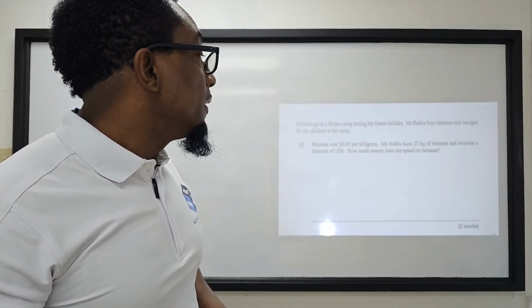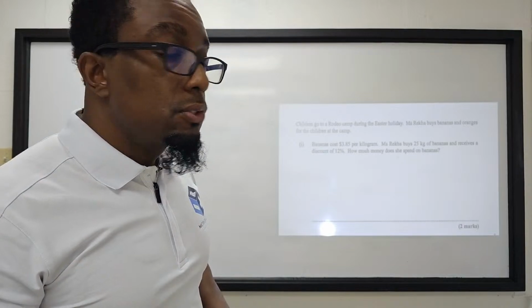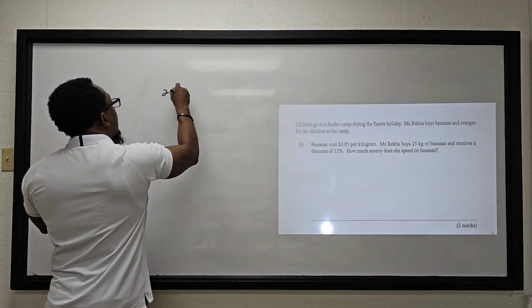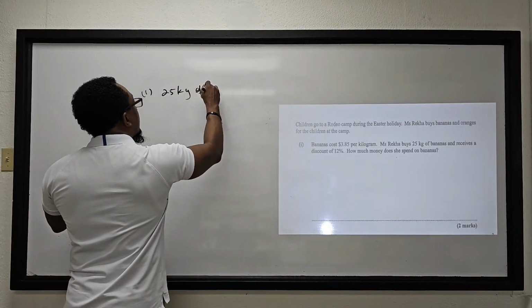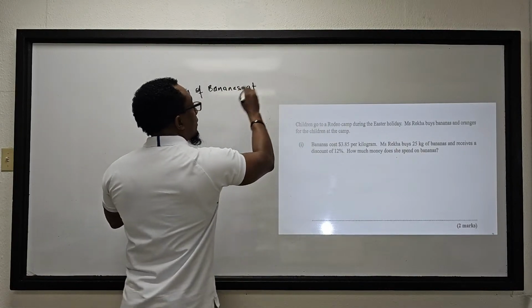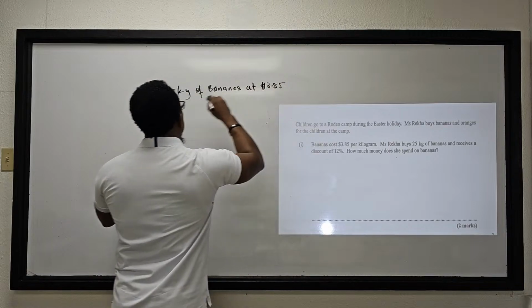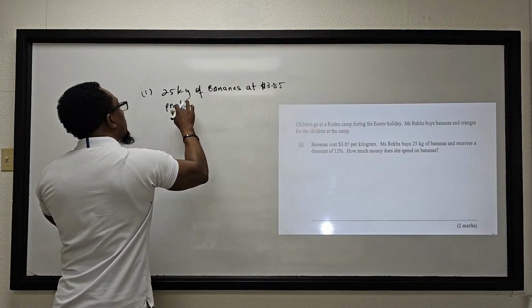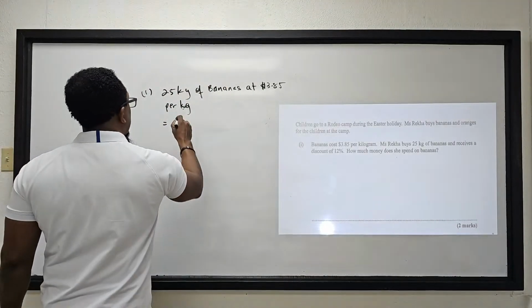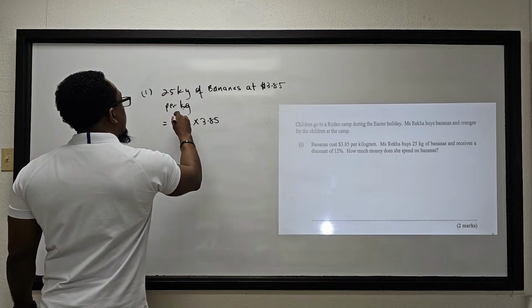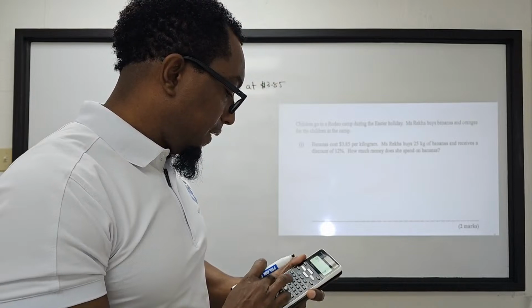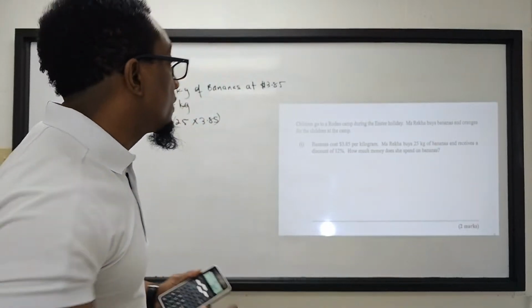So the total amount for the 25 kilograms of bananas at $3.85 per kilogram will be equal to 25 times $3.85, which will give us $96.25.